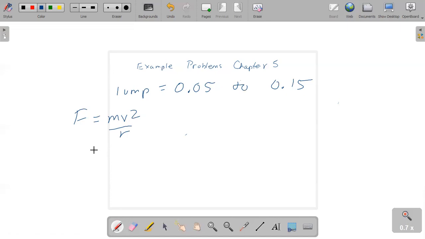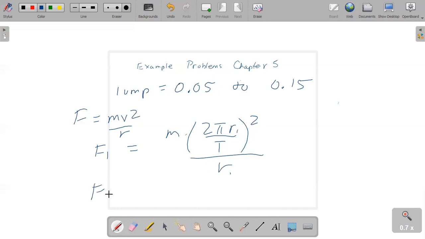F1 and F2. F1 equals m times v squared over r, where v is 2 pi r, the radius, over t, and this is squared, and there's an over r. This is R1. F2 equals m times 2 pi R2 over t, squared, all over R2.